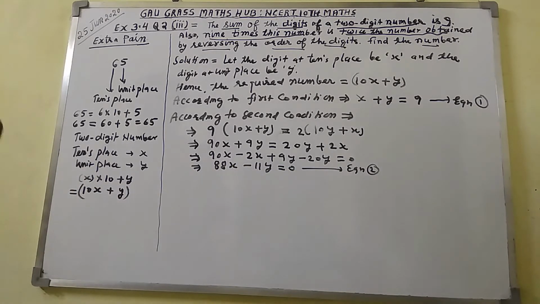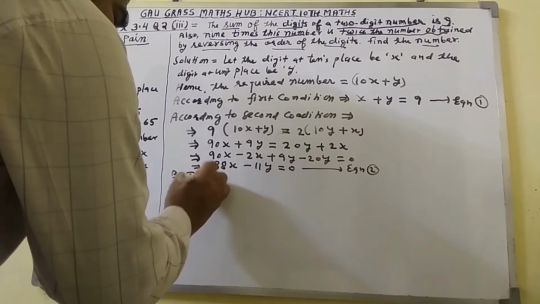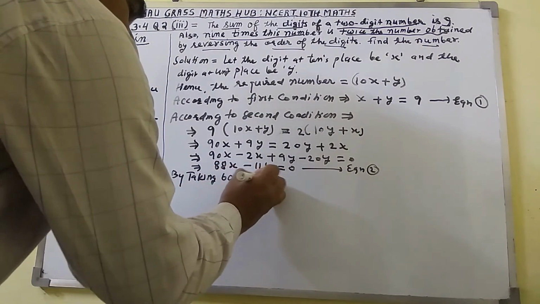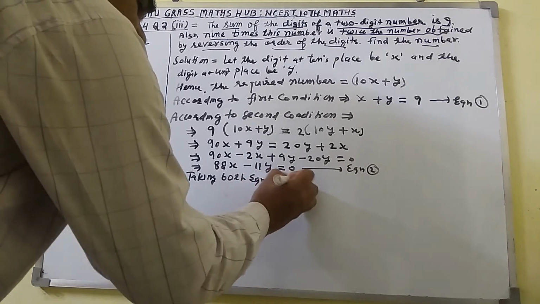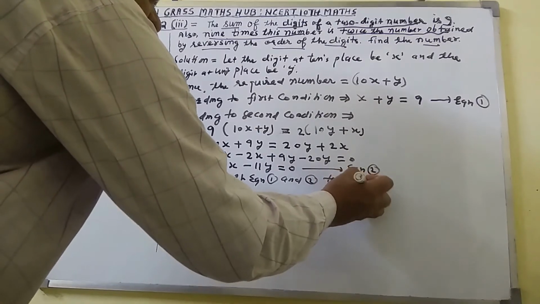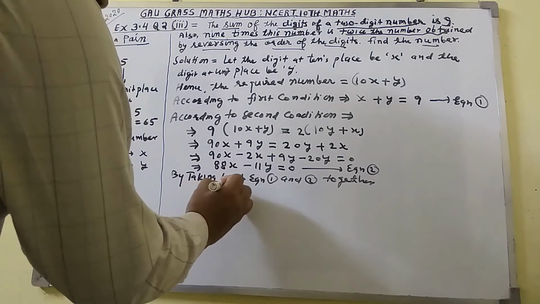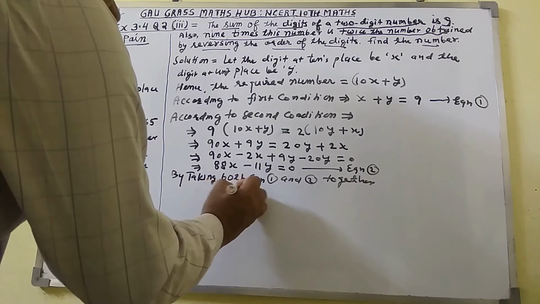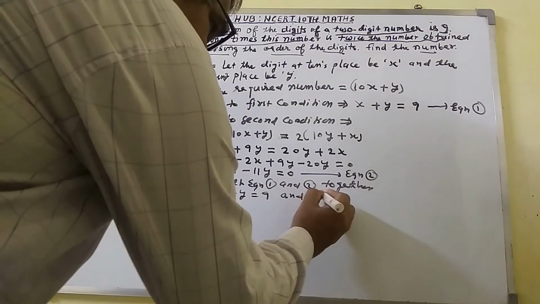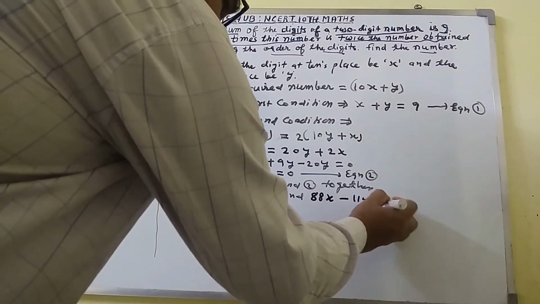Now by taking both equations 1 and 2 together, here you will write x plus y equal to 9, 88x minus 11y equal to 0.